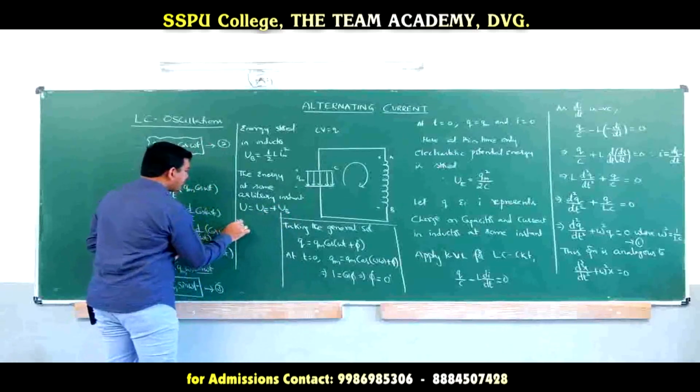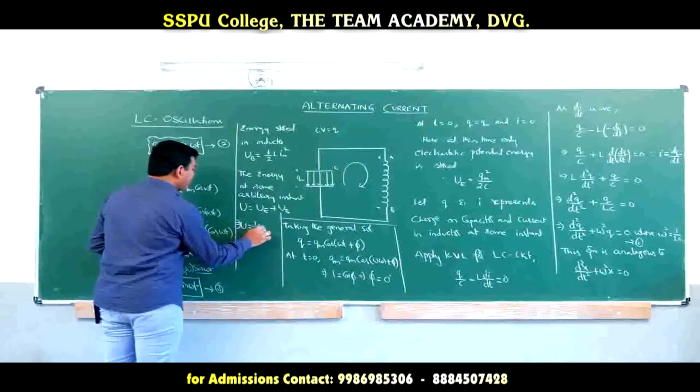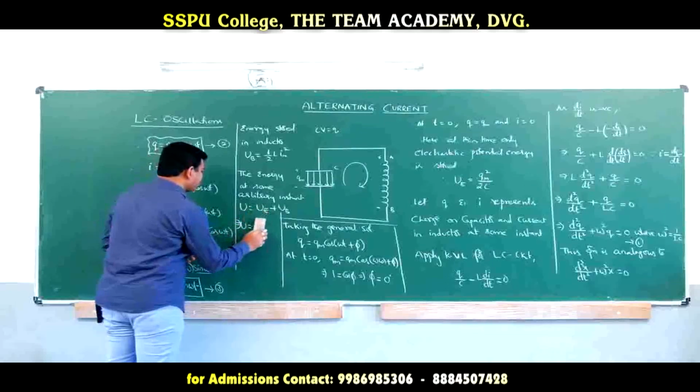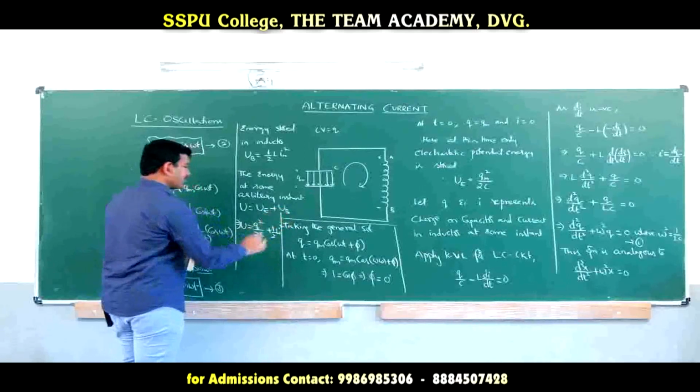That implies U is equal to Q square by 2C plus half L I square. Is it clear or no?